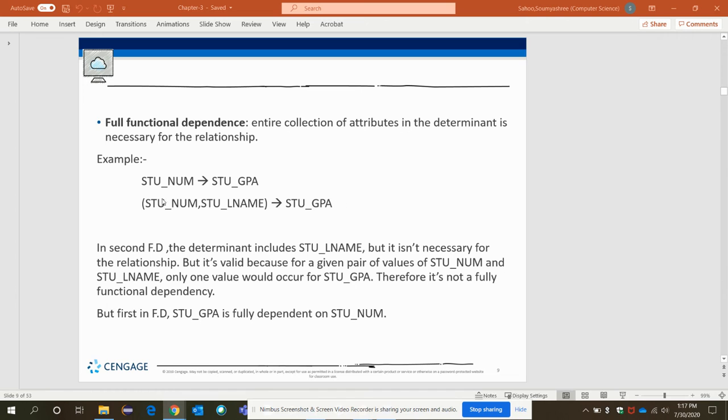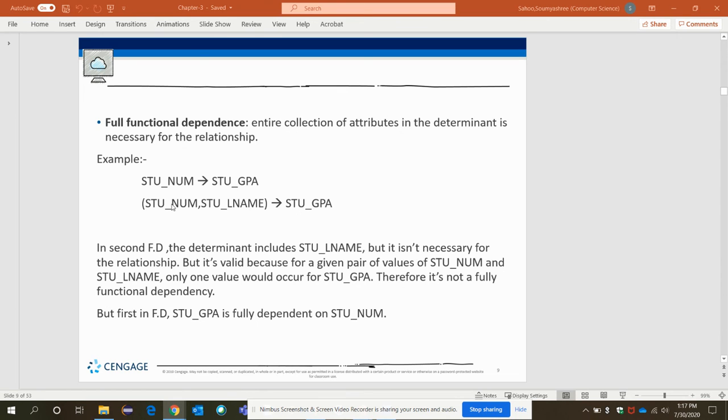Now let's come to the second functional dependency. Here the determinant includes two attributes, num and lname, but it isn't necessary for the relationship. It's valid because for a given pair of values of these two attributes, only one value could occur for student GPA.